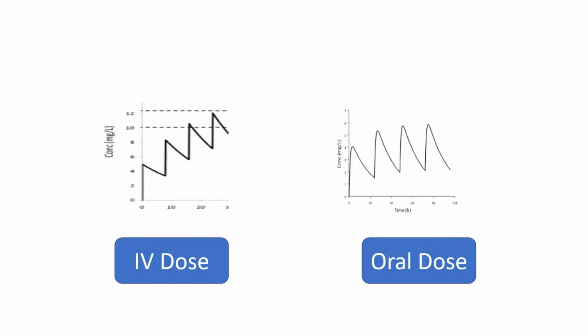Some important points that you should remember in this session. The first thing is that you have to know which one is IV dose pharmacokinetics and which is oral dose pharmacokinetics. How can you differentiate? In the case of IV doses, it will start directly from some concentration at the very beginning. Here, in the oral case, it also starts, but you can see there is some gap between the y-axis and the curve.